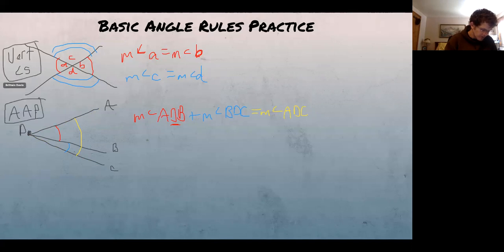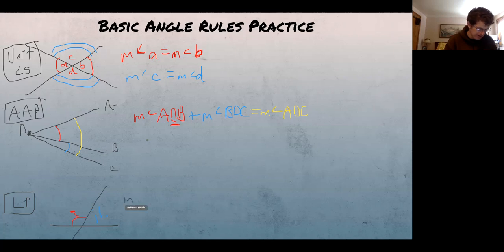And the next one we're going to look at is called linear pairs. I'm just going to put LP. So if I have any kind of intersection going on, these two angles right here, I'll call this one A, and I'll call this one B. These two angles are going to be supplementary. They add up to 180 because they're two angles that add up to a line.